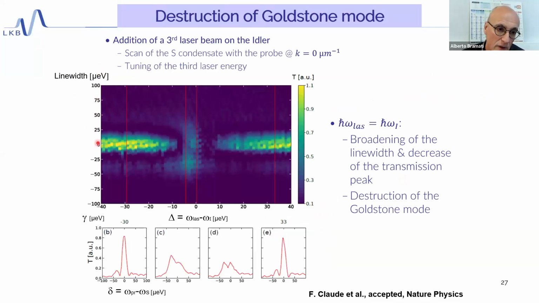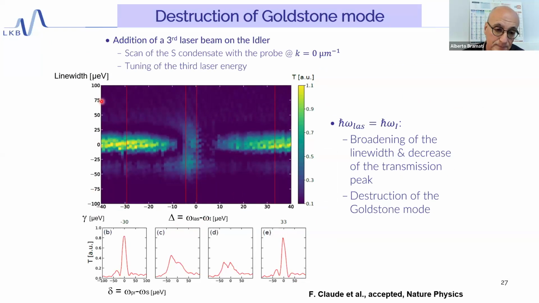Here we have the line width of the Goldstone mode as a function of the detuning, the difference in energy, in frequency, between the third laser and the idler frequency.